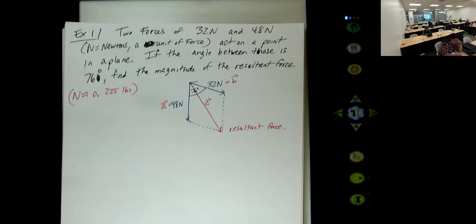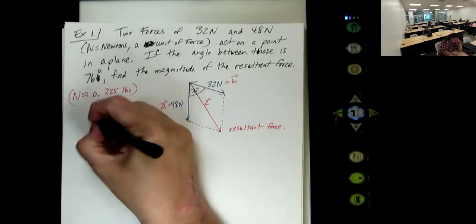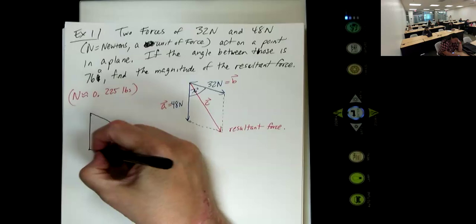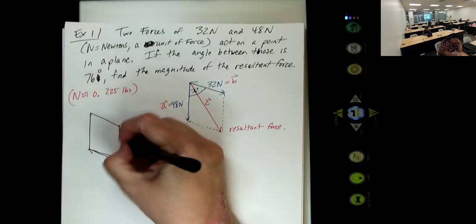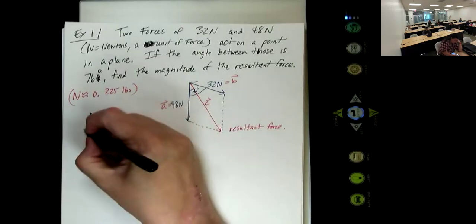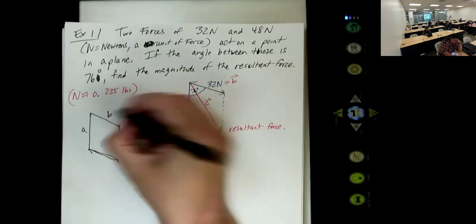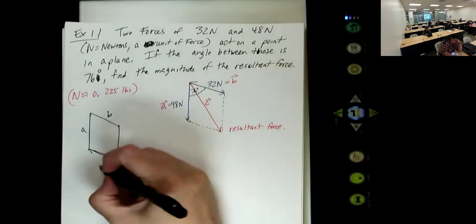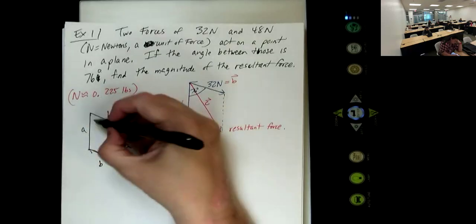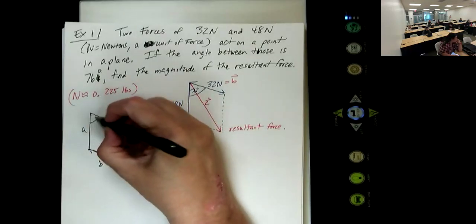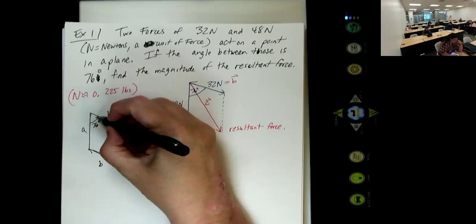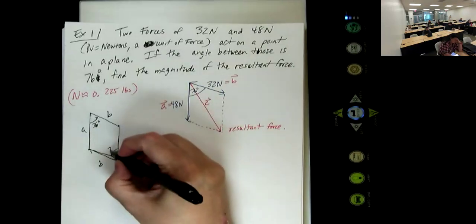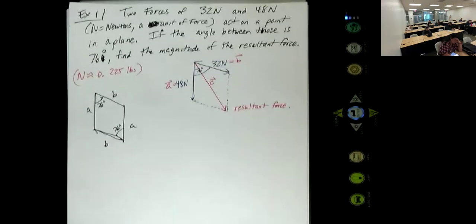We know about parallelograms. You treat this as a parallelogram. That was 76 degrees. Opposite angles are equal, and opposite sides are equal.